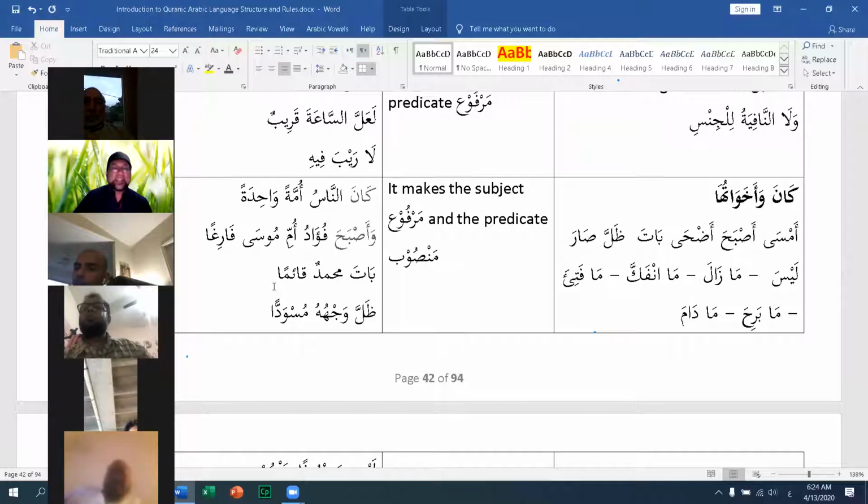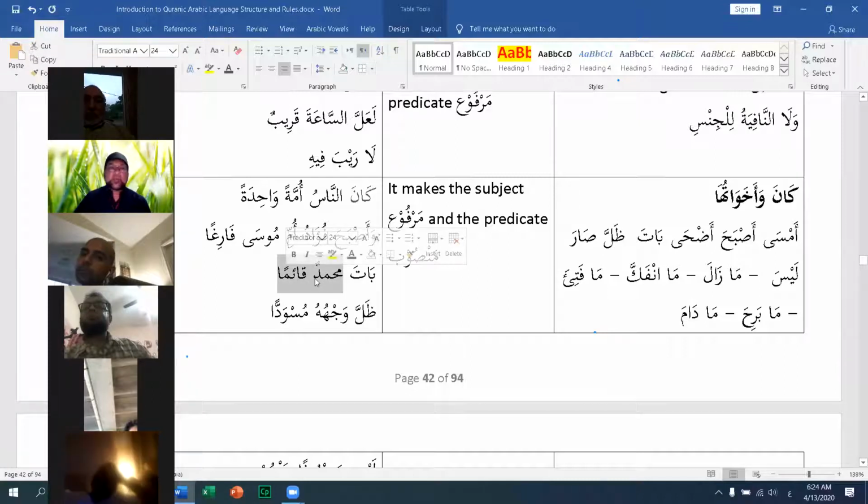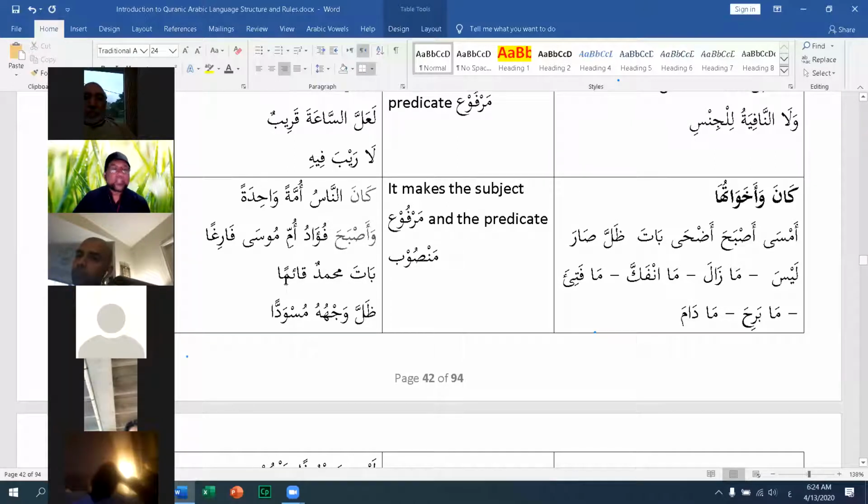Muhammad spent the night praying, standing. Are you following me? So we put bata in front of al-jumlatul ismiya. It makes the mubtada marfu, or it leaves the mubtada marfu, however you want to express that. Same end result. And it makes the khabar mansub.